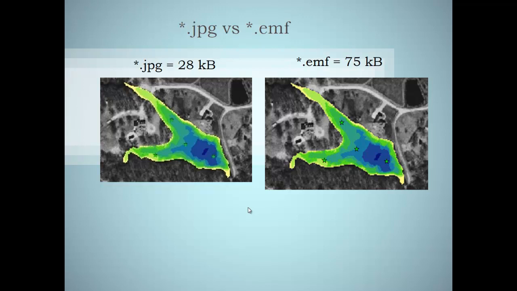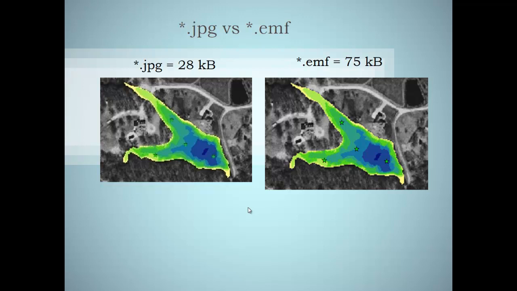This is a pond that we measured bathymetry on. On the left is the JPEG image, and on the right is the enhanced metafile version. The first thing you notice is that on the left, the JPEG is much smaller than the EMF. But these days, file size is not nearly as important as it used to be. However, it's never a bad idea to keep your eye on the file size.